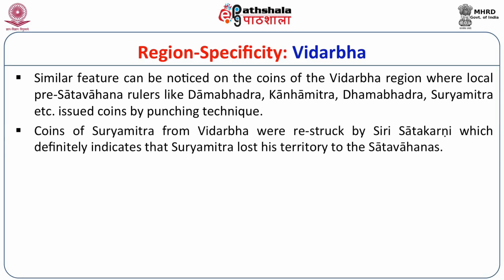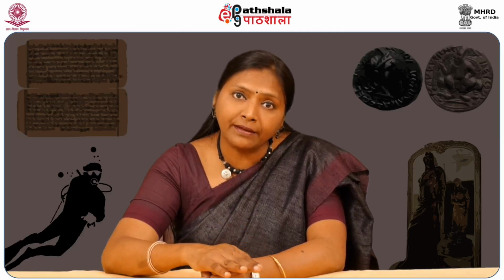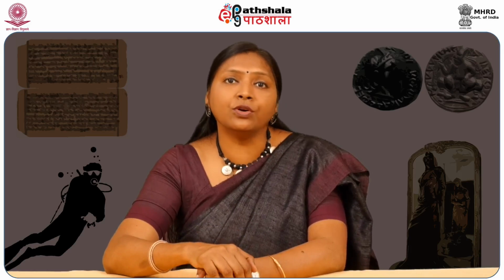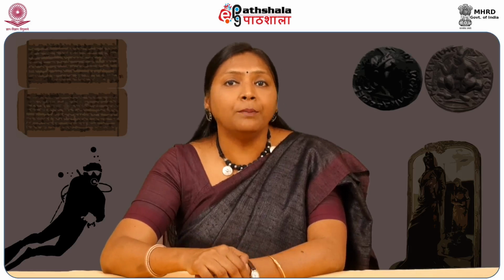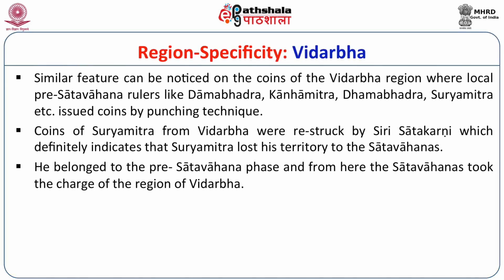This is a very significant phase because on the basis of this we know how the pre-Satavahana phase at Vidarbha ended with the reign of Suryamitra, and how this region was occupied from Suryamitra by Sri Satakarni. He belonged to the pre-Satavahana phase, and from here the Satavahanas took charge of the region of Vidarbha.